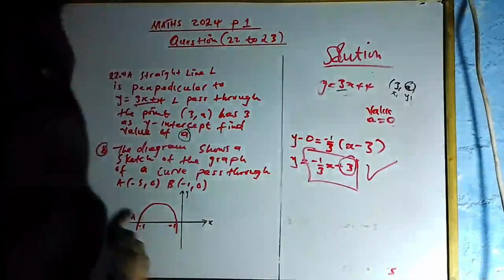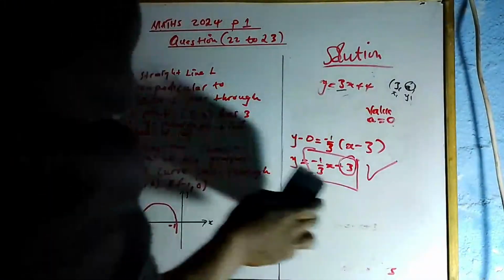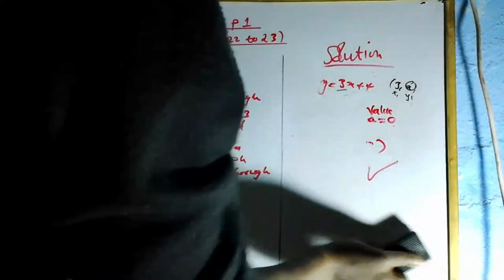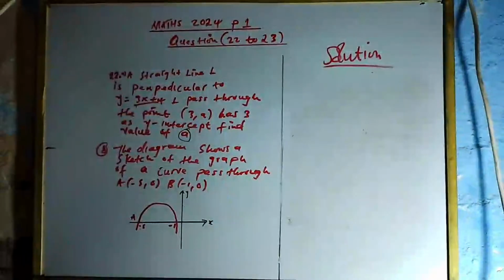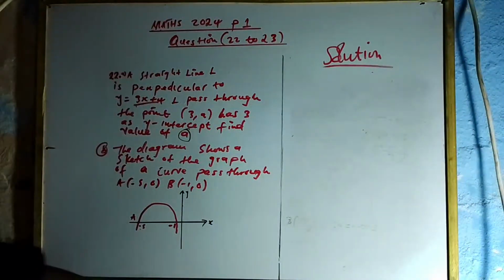So now, since we have found the value of a is 0, let's move on to another question, which is question 22b. I hope you are following what I'm doing here.